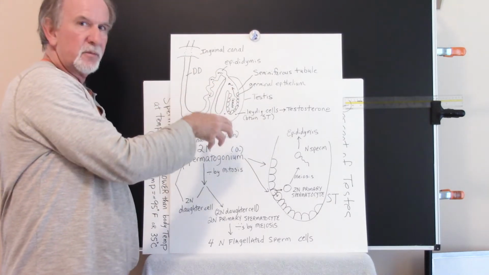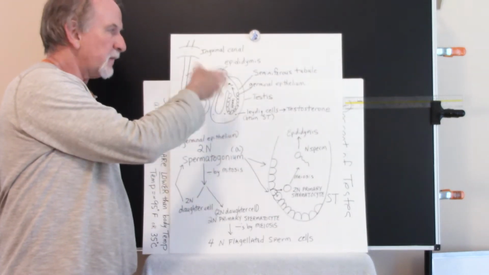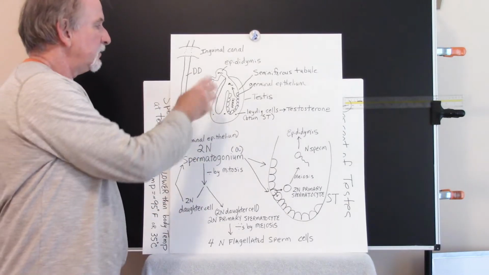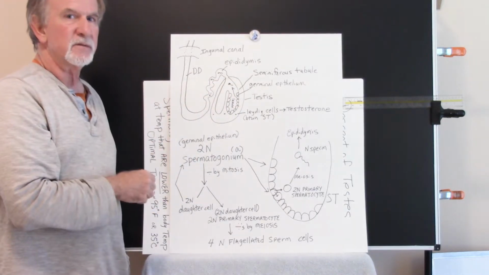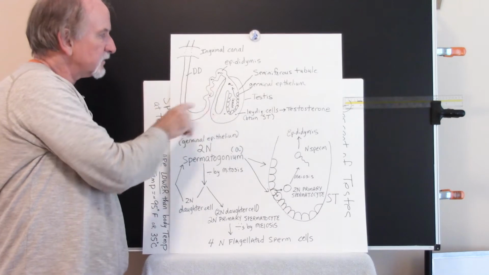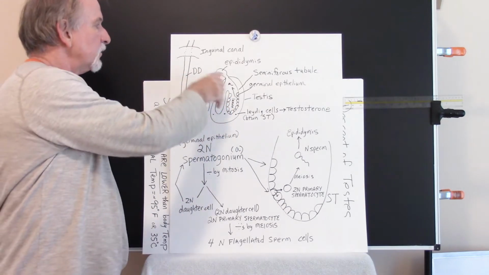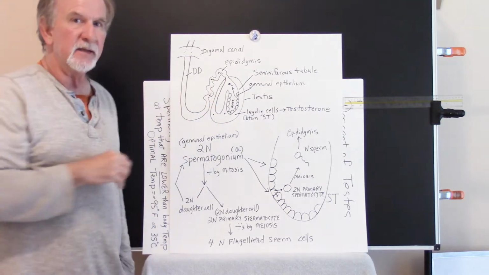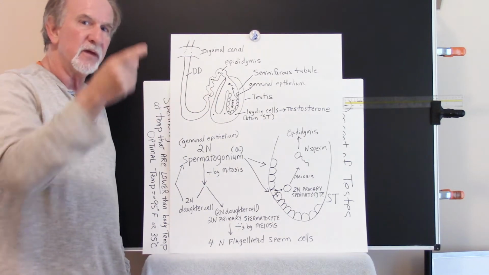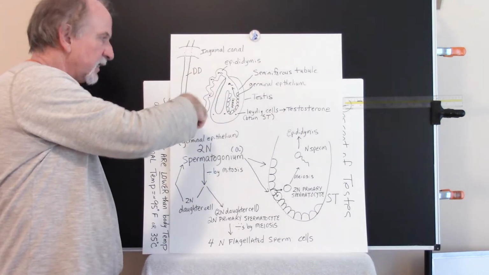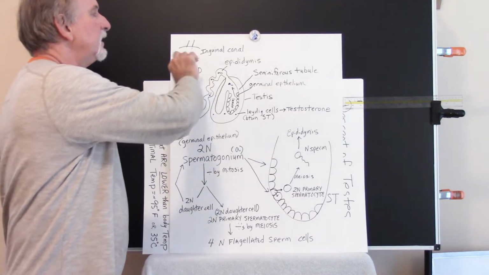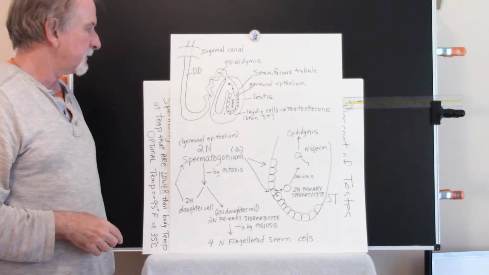The seminiferous tubules serve as the site where spermatogenesis makes haploid sperm cells. The haploid sperm cells then move out of the lumen of the seminiferous tubule, where they are stored in a highly coiled tube that goes around the edge of the outside of the testis, called the epididymis.